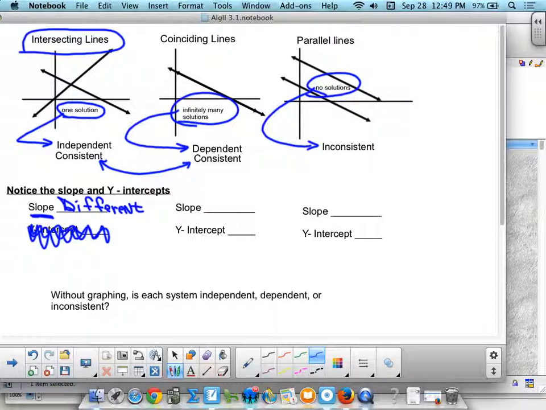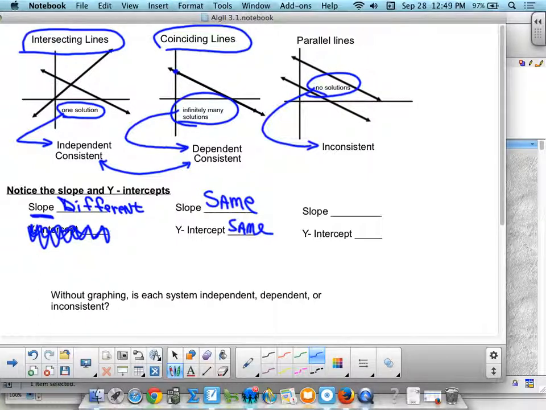What about dependent systems like this? What do you notice about the slope on this one? They're the same. What do you notice about the y-intercept? Same. So if you have same slope, same y-intercept, you have coinciding lines that have infinitely many solutions. We know this as dependent consistent.